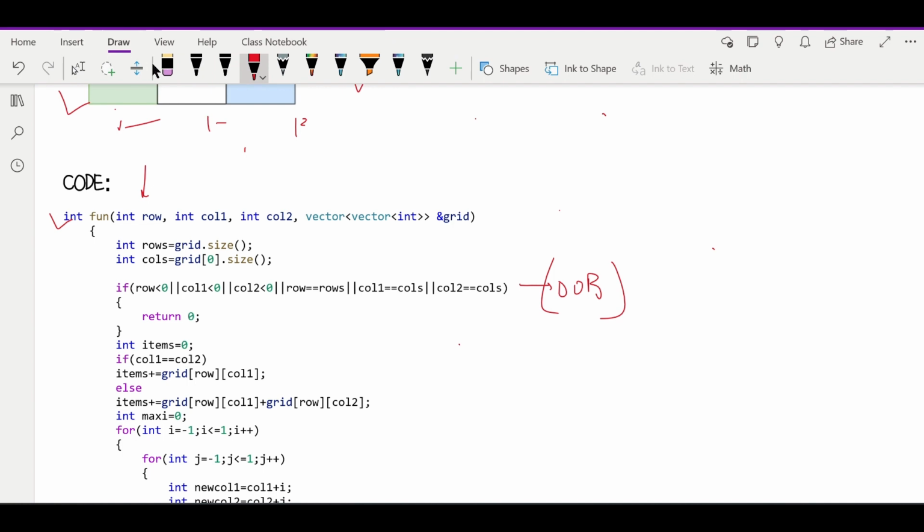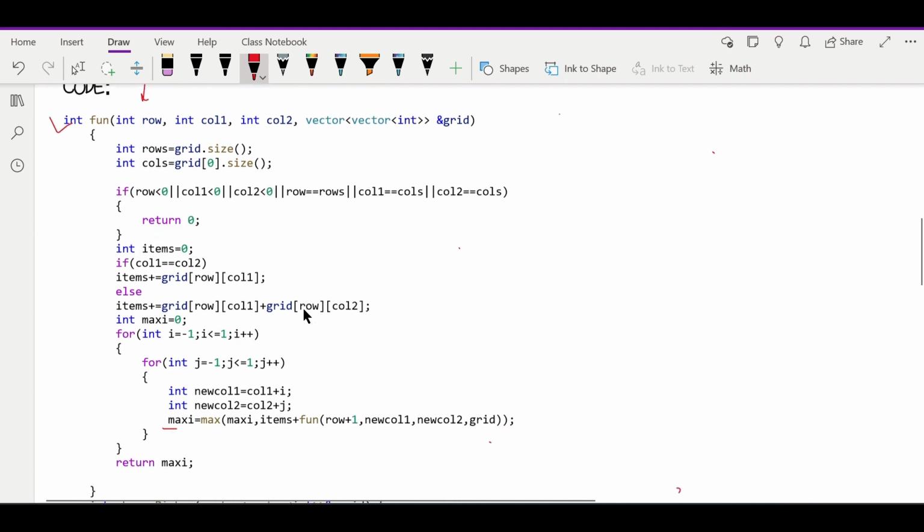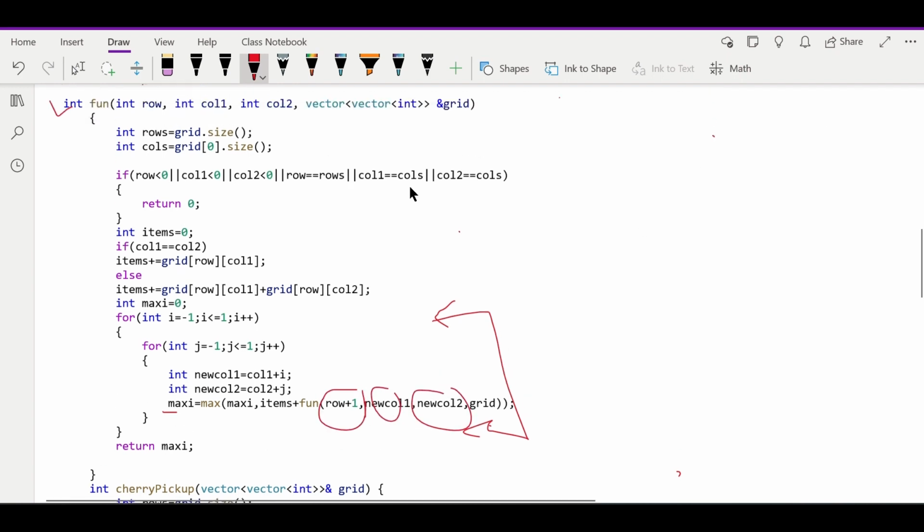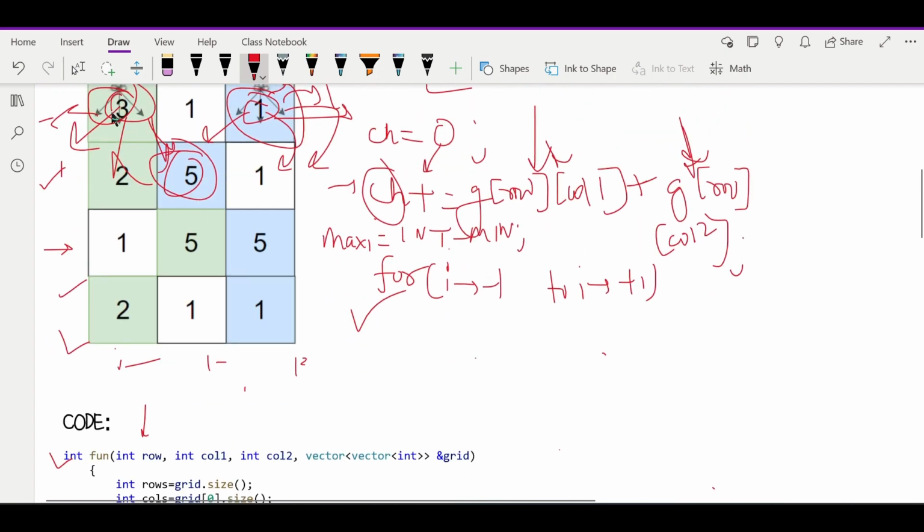Now let's quickly go through the time complexity of this recursion approach, which would obviously be very huge. Let's see how many recursion calls are being made in a particular function call, right? For a particular robot, I am making three function calls, right?